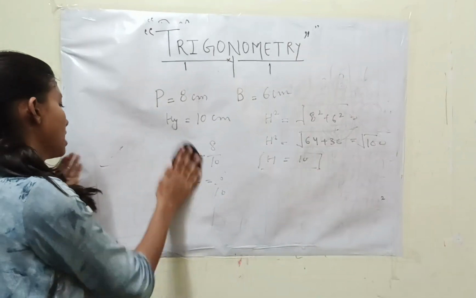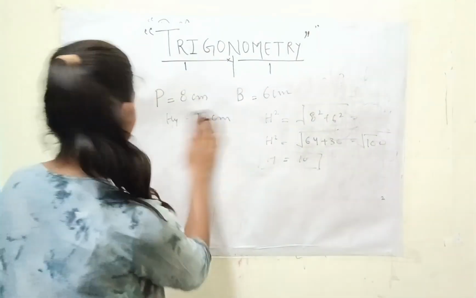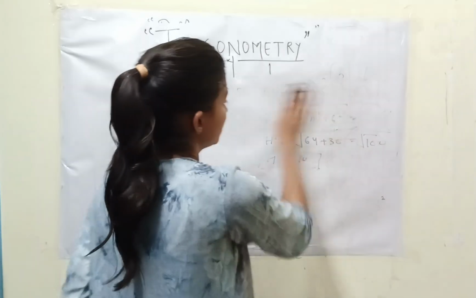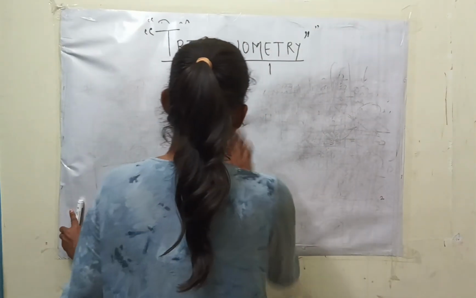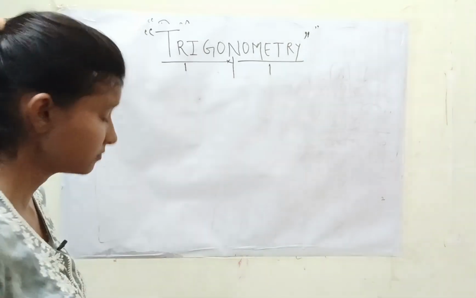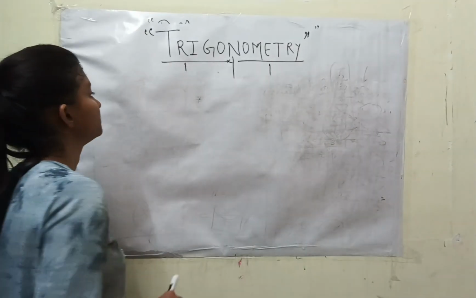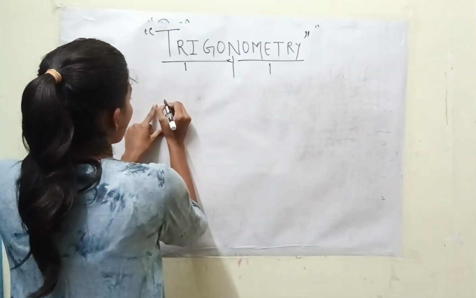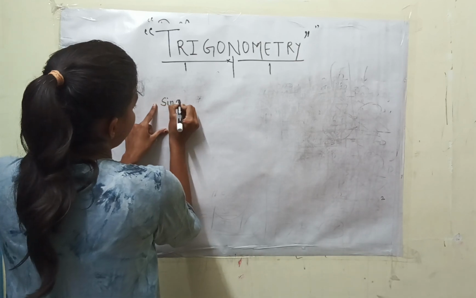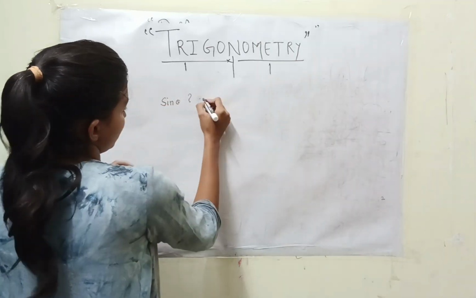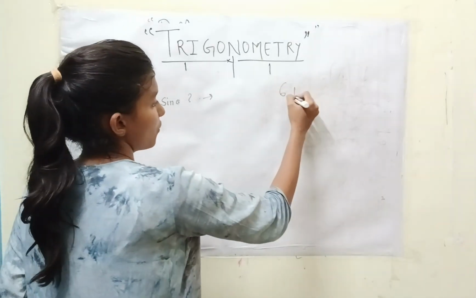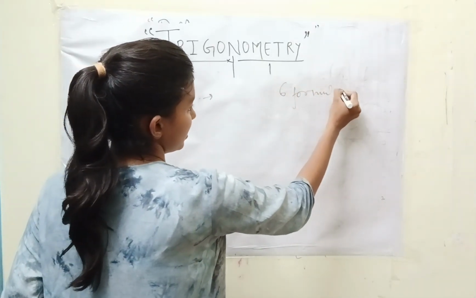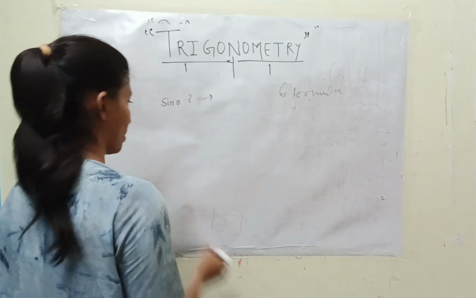But the thing is, how can we learn? How can we remember these ratios, how these are defined? Such as, what will sin theta be? It is impossible to remember these 6 formulas in just one lecture.